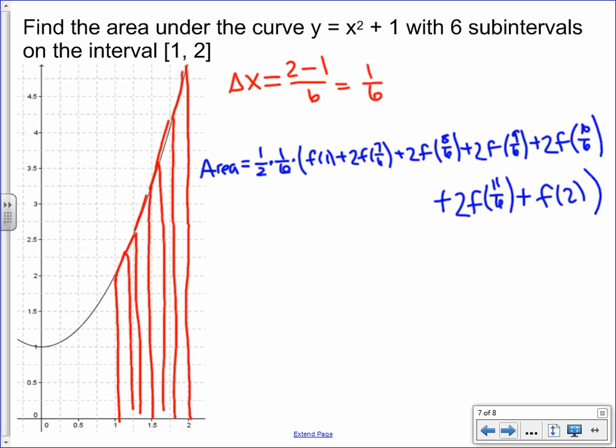So now you need 11/6. You're going to have 7 of those numbers, because we're talking about 7 different times. You're always going to have one more number than you do fractions, so you are always one off.